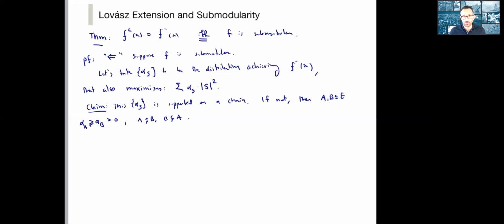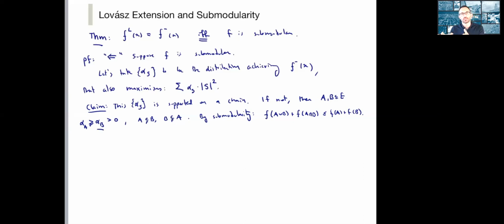So now let's use submodularity. By submodularity, which is just the definition, we know that f of A union B plus f of A intersection B is less than or equal to f of A plus f of B. So now, alpha B is the smaller amount.